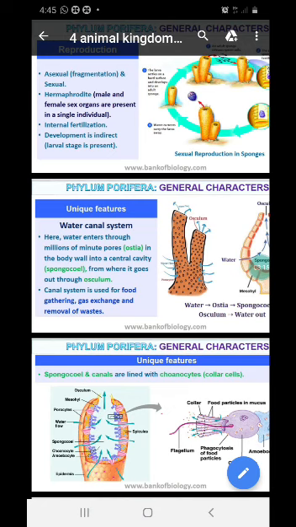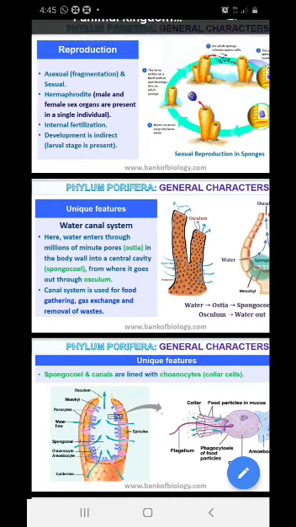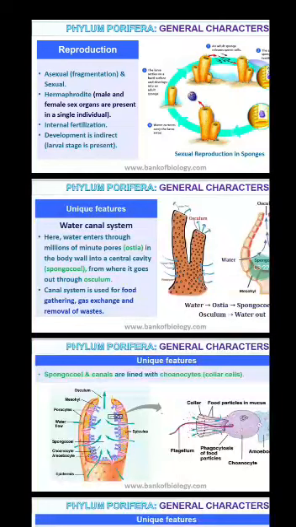So here it is internal fertilization, and the development is indirect. What do you mean by indirect development? That is, the eggs do not give rise directly to the adult. There is an intermediate larval stage. Then the development is called indirect development.